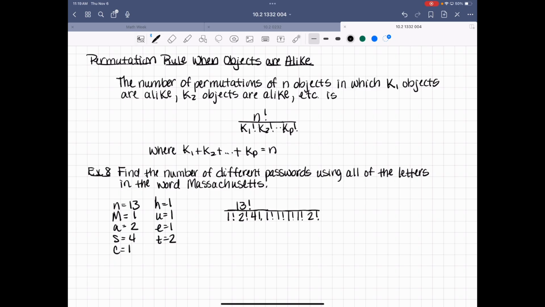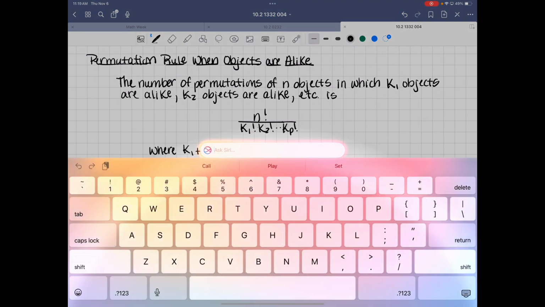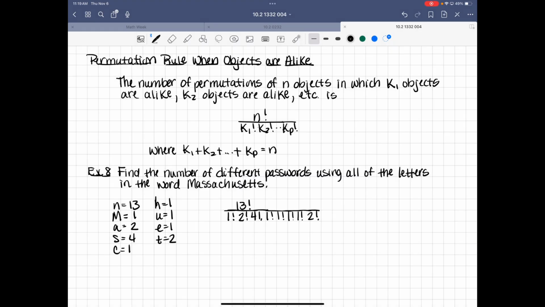Guys, all those 1 factorials make what? 1. 1 factorial is just 1, guys. Okay? So they're all going to make 1. So that's going to leave me with 13 factorial over 2 factorial times 4 factorial times 2 factorial, right?